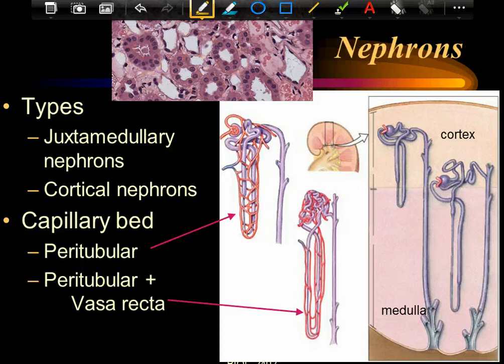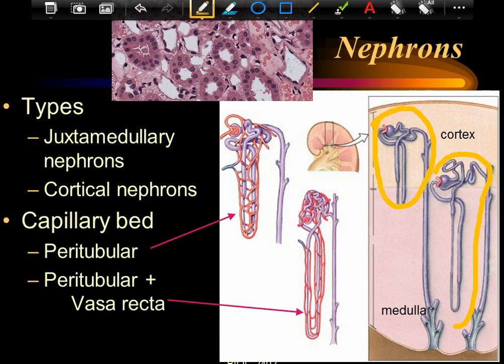Okay. Now, it turns out there are two kinds of nephrons. So, over here, notice, here is a pyramid right there. And here's the cortex up here. And here is the Bowman's capsule, and notice that one of the nephrons is way high up in the cortex, and the other one is very low in the cortex.